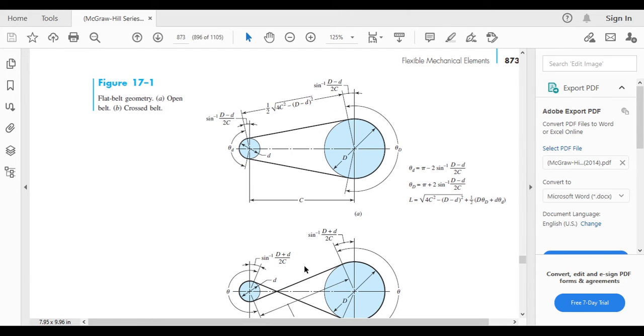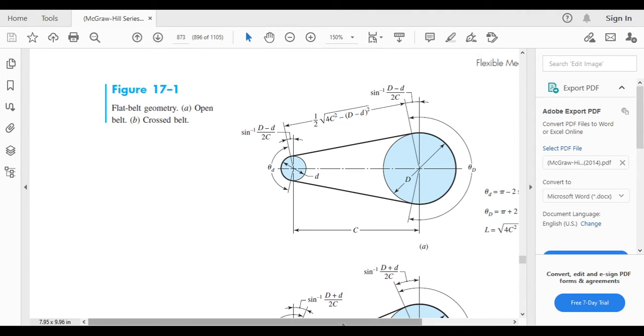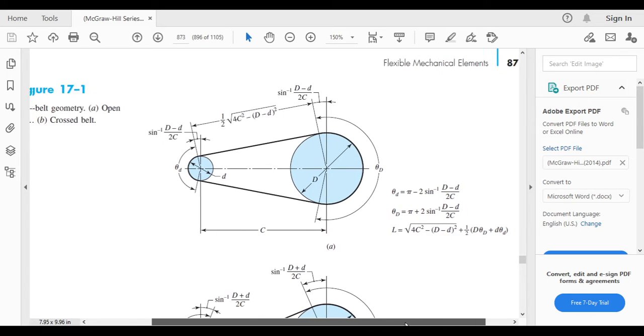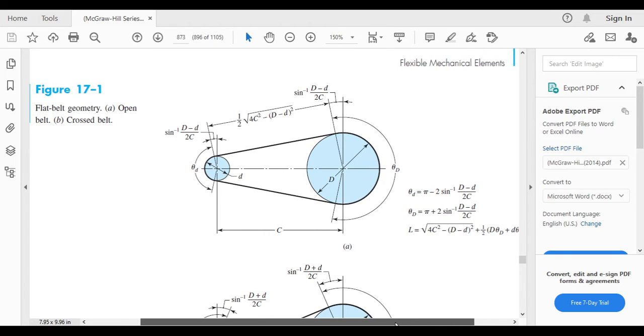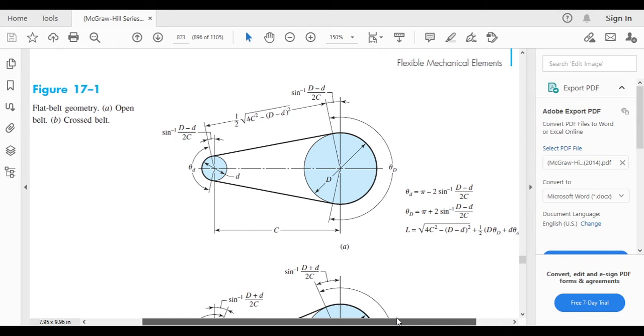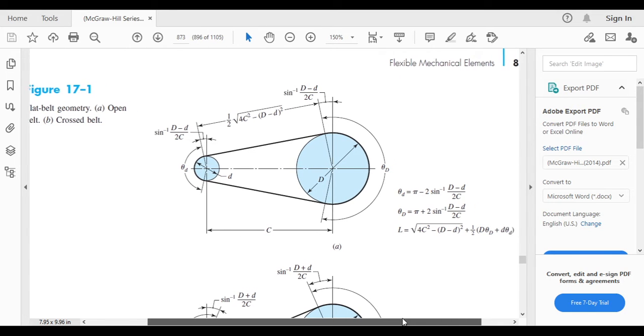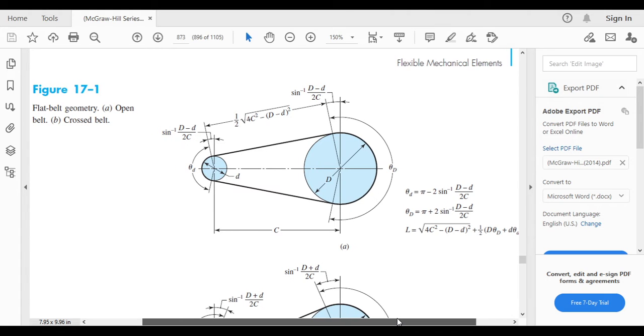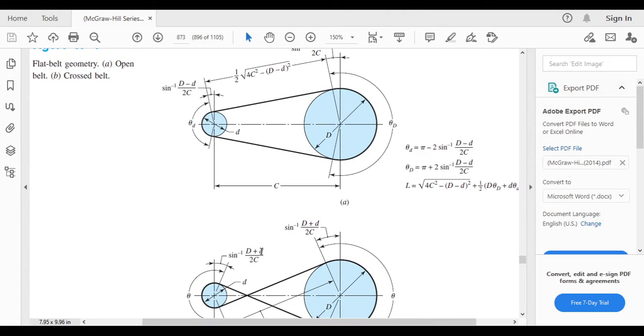You can see this is the flat belt and open belt. Let us discuss a bit about this equation, because this is an important figure. All the equations related to belting are related to this figure. There are two types of belt geometry, the open belt and the closed belt.